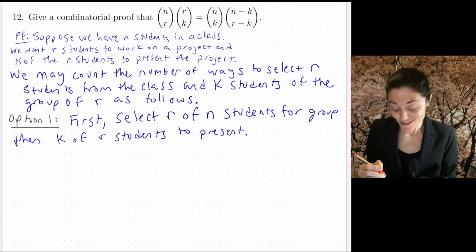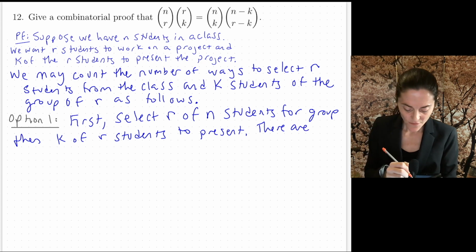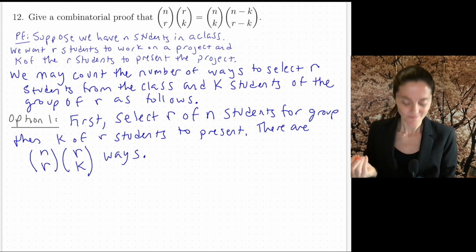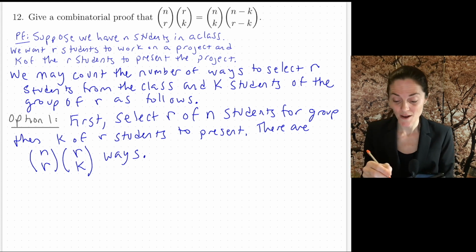How many ways to do this are there? Well, this is multiplication rule. First, out of n, we choose r, and then out of r, we choose k ways. This is option 1.